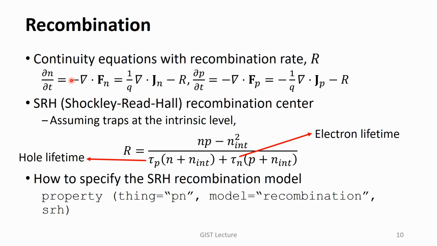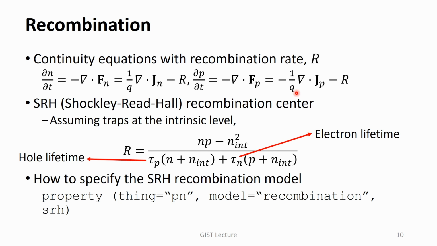Finally, we have recombination mechanisms. Previously, we have studied the continuity equations. However, they did not consider the recombination mechanism. When an electron in the conduction band moves to the valence band, we have a decrease of electron and hole numbers simultaneously. It is called the recombination.